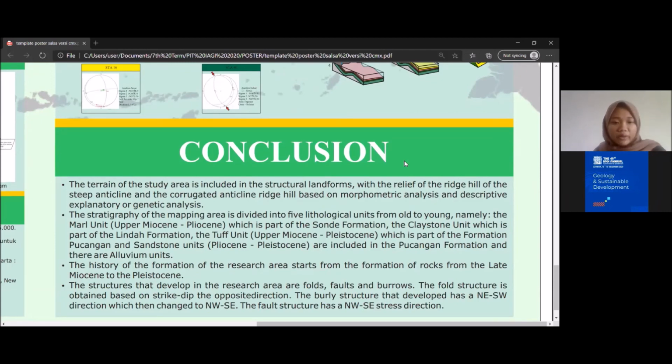Then the history of the formation of the study area began in late Miocene until Pleistocene. Then the structures that develop in the research area are fault and fold, with the change in direction in middle Pliocene. It begins with northeast-southwest, then changes to northwest-southeast.